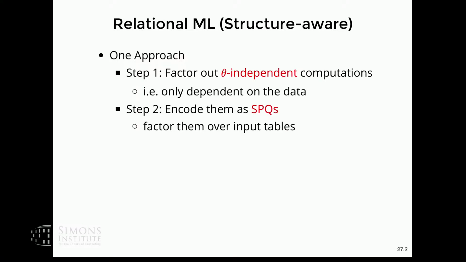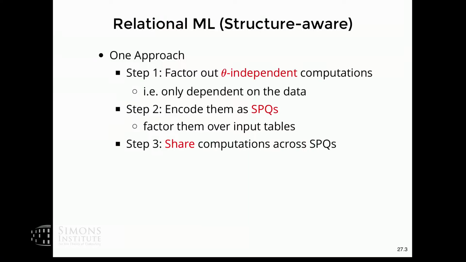Step 2 is going to be encoding these computations as sum product queries, which is why I wasted half an hour recalling sum product queries. And there are actually two benefits to encoding them as sum product queries. We already have efficient algorithms to solve sum product queries that will factor the computation over the input table so that we don't have to do the join. And I'm going to show you exactly how this works out in this example.